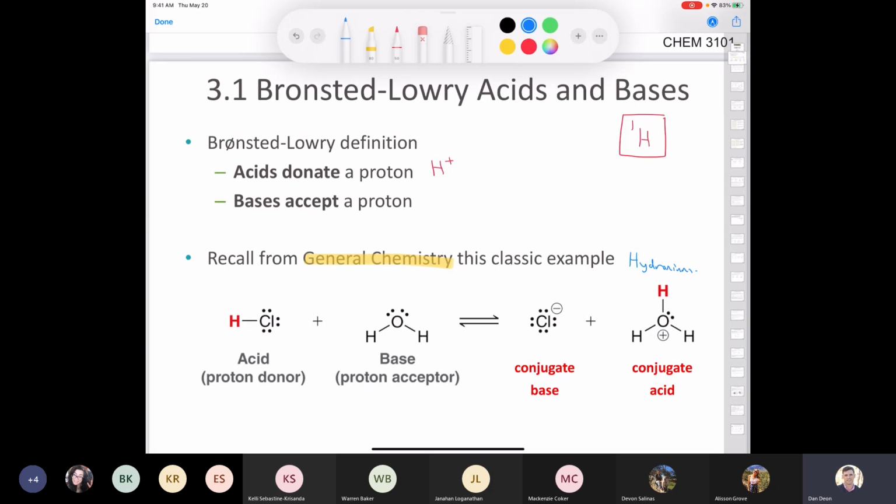Now, in terms of a conjugate acid and a conjugate base, if you ever get confused as to which one is which, just look at the reaction in reverse and ask, what is the chloride doing? The chloride is becoming HCl if I look at the reaction going backwards. So if it's becoming HCl, that means it's accepting a proton. What's a proton acceptor? A base.